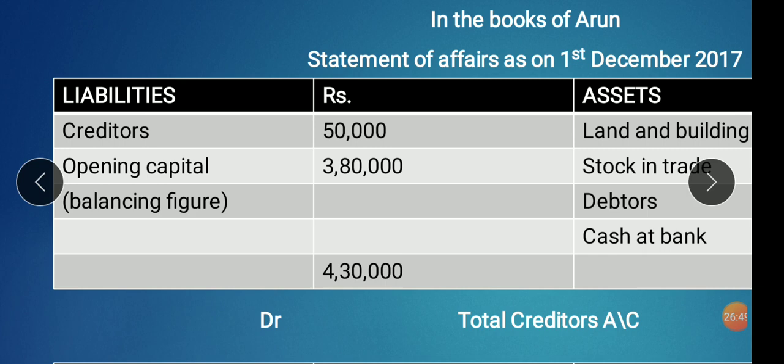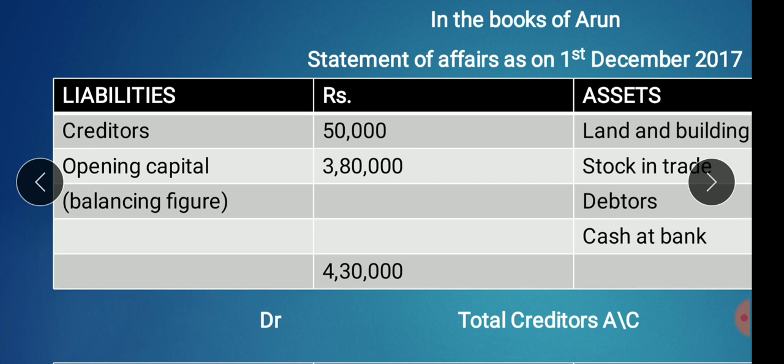The missing value is known as capital. Capital means the difference between assets and liabilities. The purpose is to find out the capital of the business, so we have to find out the opening capital value.